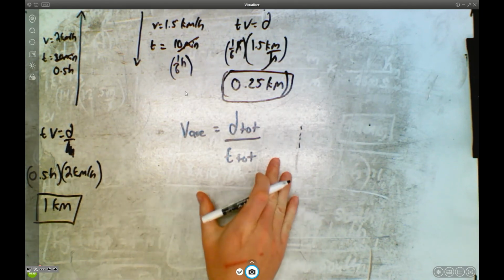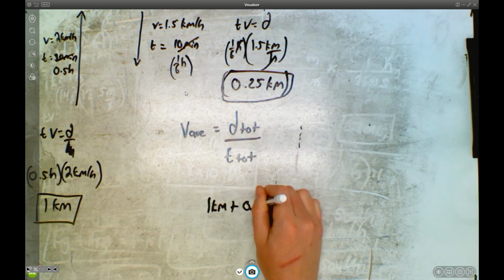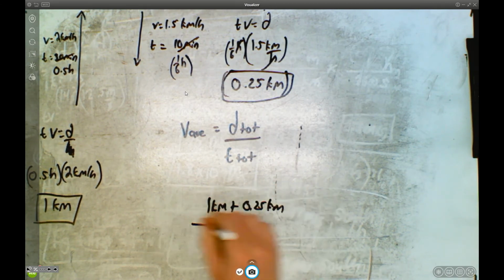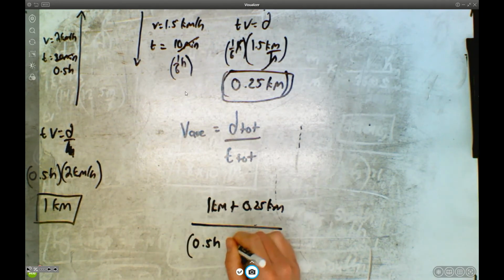So now I'm ready to plug it into this. My total distance is 1 kilometer and 0.25 kilometers. Direction doesn't matter. My total time, well, I go half an hour, and then I go 1/6 of an hour. So when I type all that in, I should be able to get my answer.